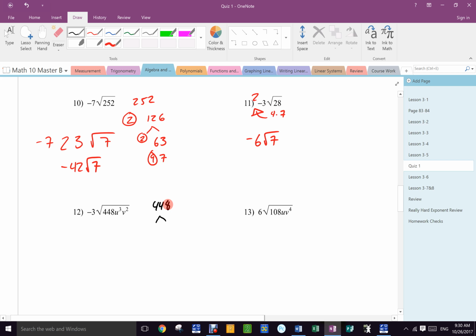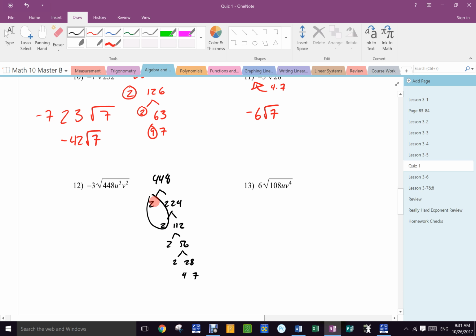You're going to divide by 2 because it's even, right? 2 and 224. Yeah? Still even. 2 and 112. Still even. 2 and 56. Still even. 2 and 28. Oh! 28's one that we've dealt with. So we're going to stop right there and go 4 and 7. Yes?